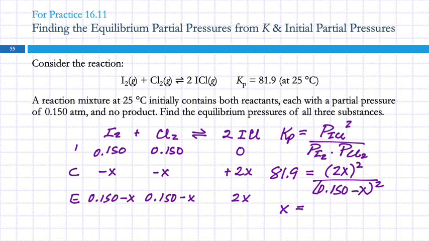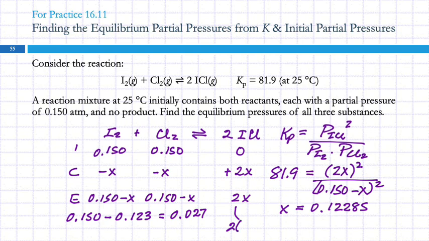X equals 0.12285. So then these pressures are 0.150 minus 0.123, which is 0.027.